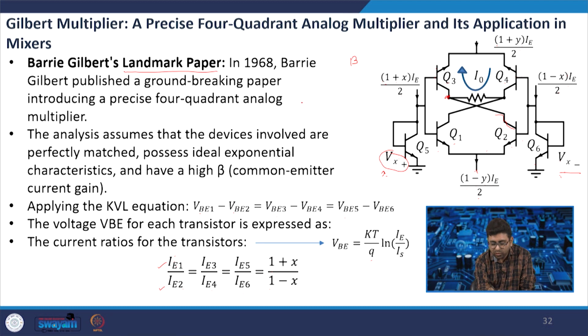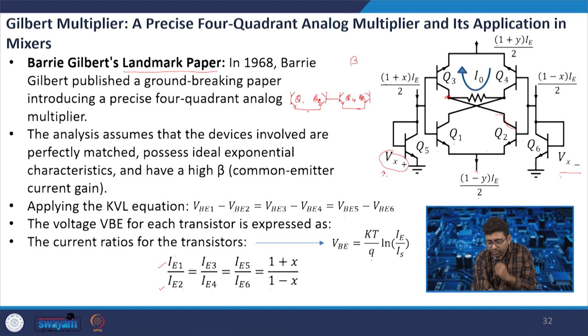So, if you try to draw this, Q1, Q2, then Q2 and Q4 have the same voltage. So, this is Q4 and then Q3.